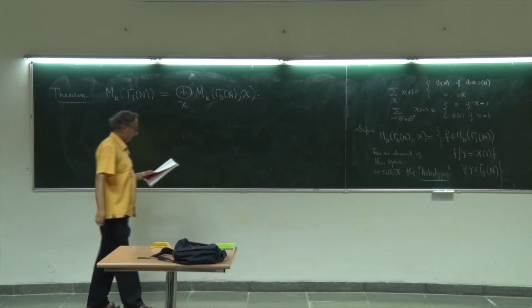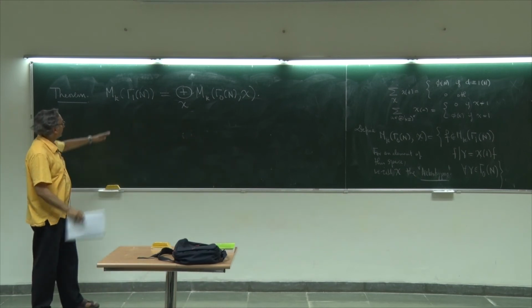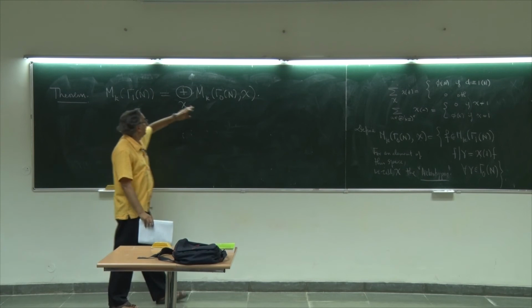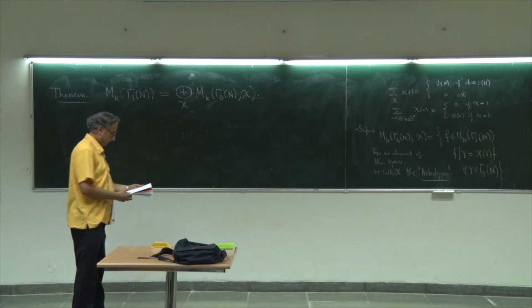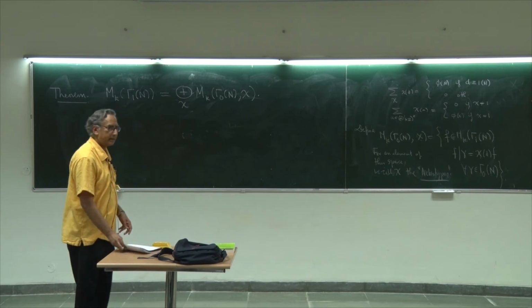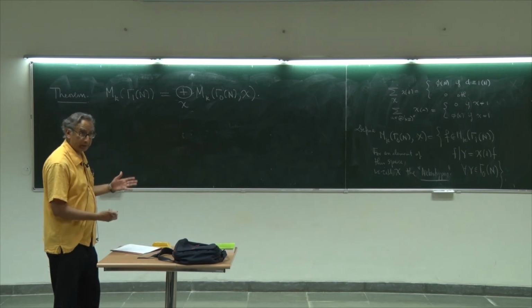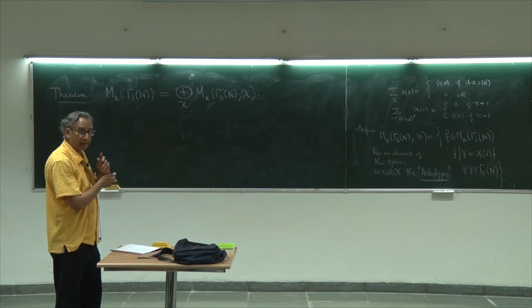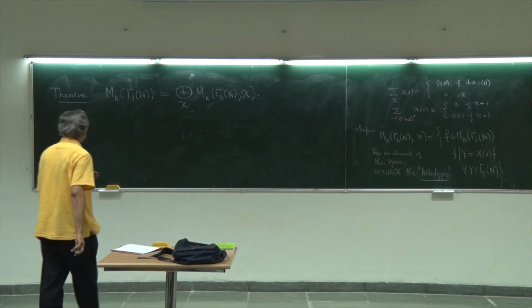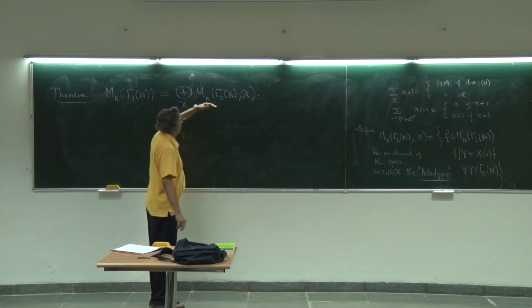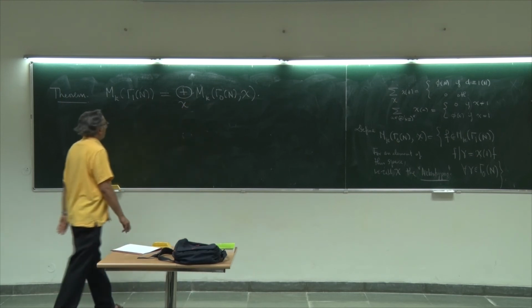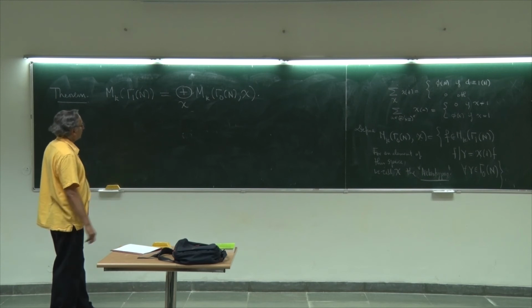So this vector space here is a direct sum of these vector spaces. And this is as a decomposition into vector spaces, not as Hilbert spaces. I'm not talking about orthogonality with respect to inner products or anything like that at the moment. So we have this decomposition of this vector space as the direct sum of these vector spaces.